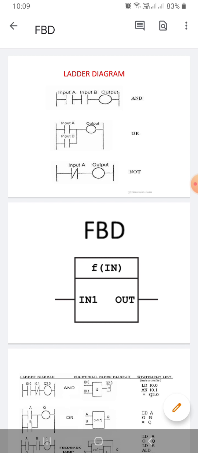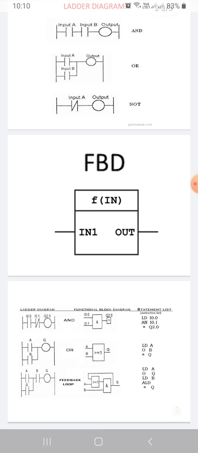Lastly, the next important programming language next to ladder is the function block diagram, which is just shown in the slide. A function block is represented as a box with the function name written in the block.